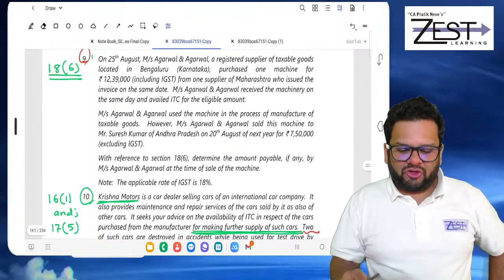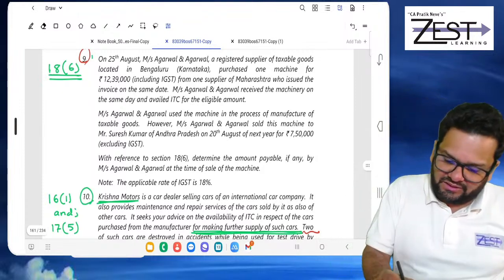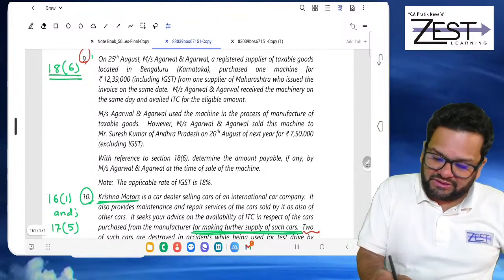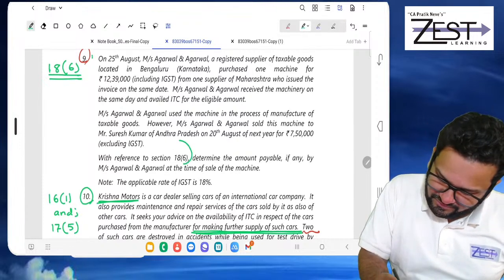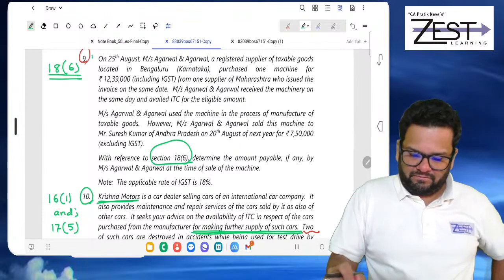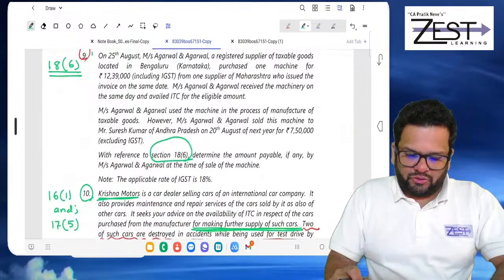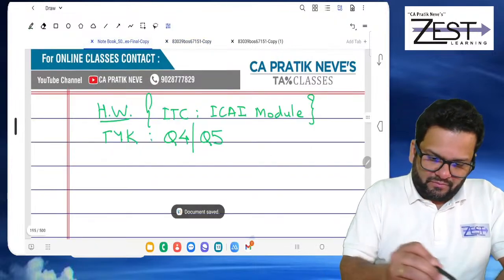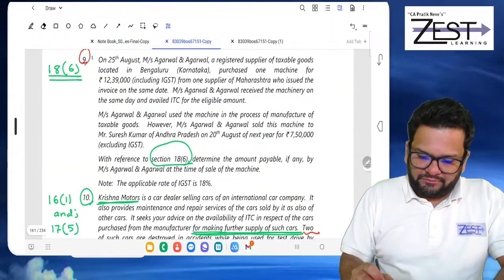On 25th August, so see, when a lot of data is given, I'll see what is the ultimate question asked. It is with reference to 18.6. So basically I gave you the 7th question also. Okay.